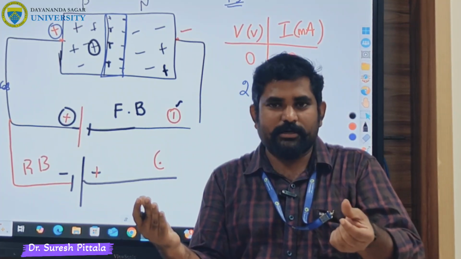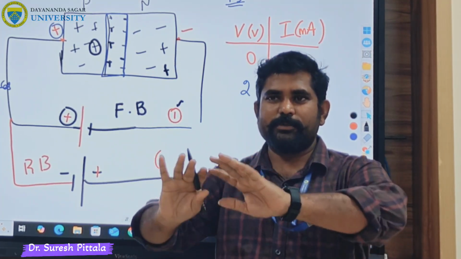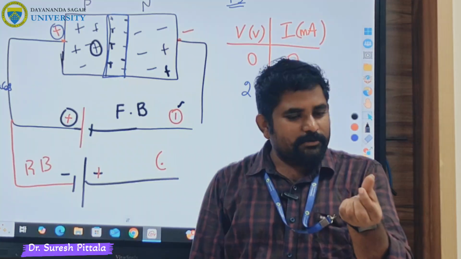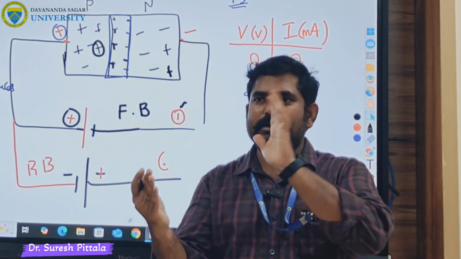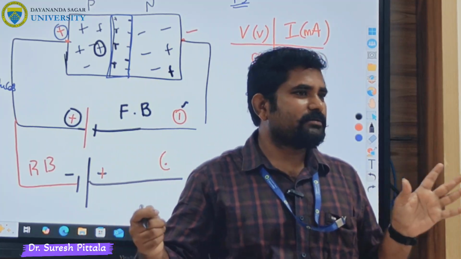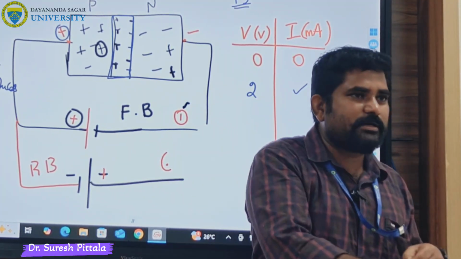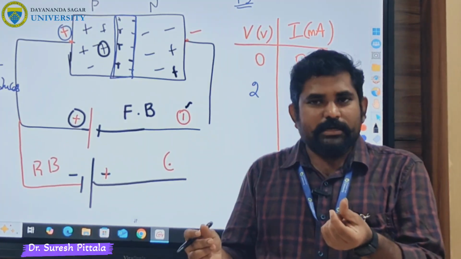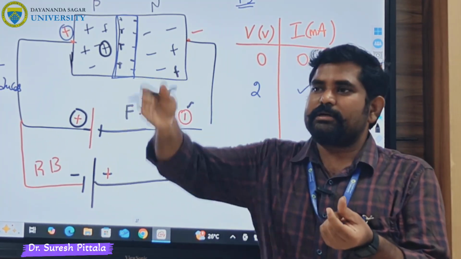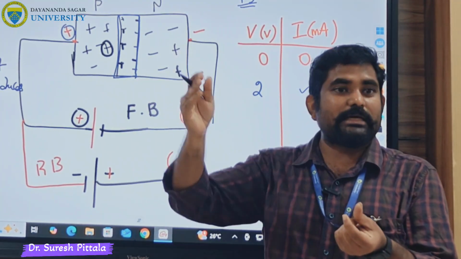Let me push further. Voltage is nothing but you are pushing somebody. Give more electrical energy. Not sufficient. Give a little bit more. Wow, current started now. So the voltage applied is now enough. After that, if you still increase, you will see the current shooting up drastically, it increases very rapidly.